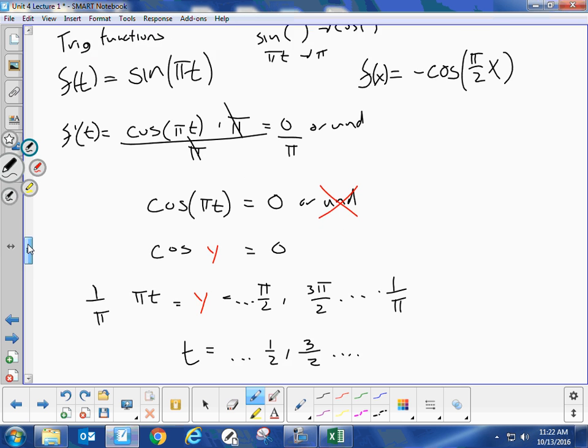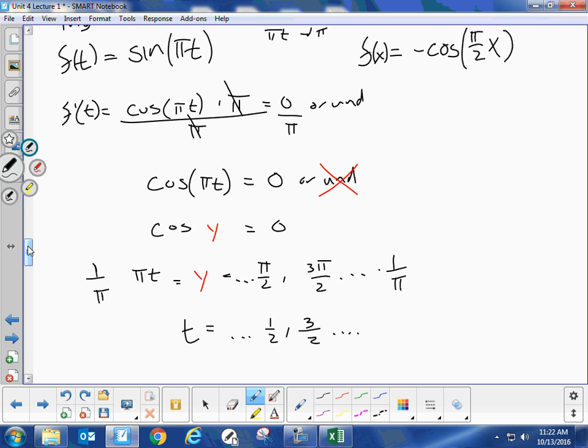Okay? You guys do the other one. Negative cosine of pi over 2x. Make sure you have the correct derivative using the chain rule.